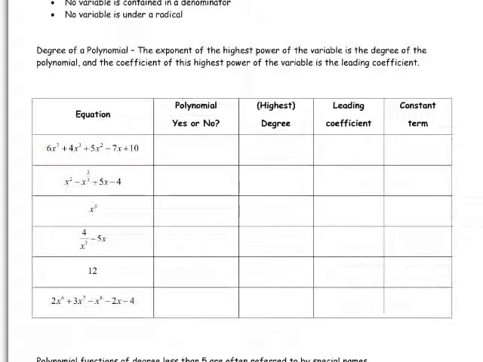So in this first example, all three of those characteristics are satisfied. So this is a yes. And 6x to the 7, I'm going to square that one because that contains the highest exponent of 7. So 7 is the degree, the highest exponent is the degree.